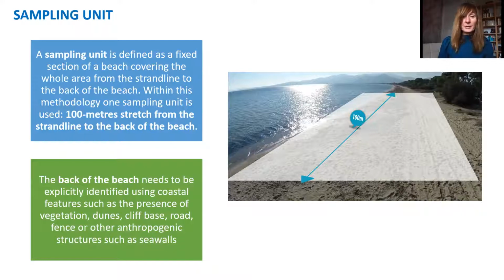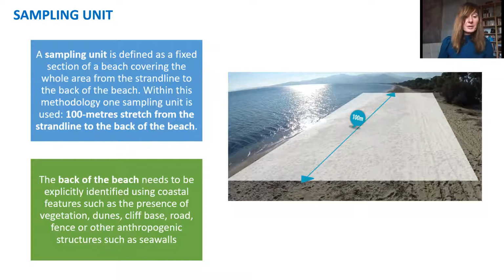Regarding the sampling unit, it is defined as a fixed section of the beach covering the entire area from the strand line to the back of the beach. Within this methodology, as mentioned before in the 2013 TGML guidelines, but also in the upgraded methodological approach that will be soon published by the same group, the width of the sampling unit is 100 meters, and it extends all the way to the back of the beach.